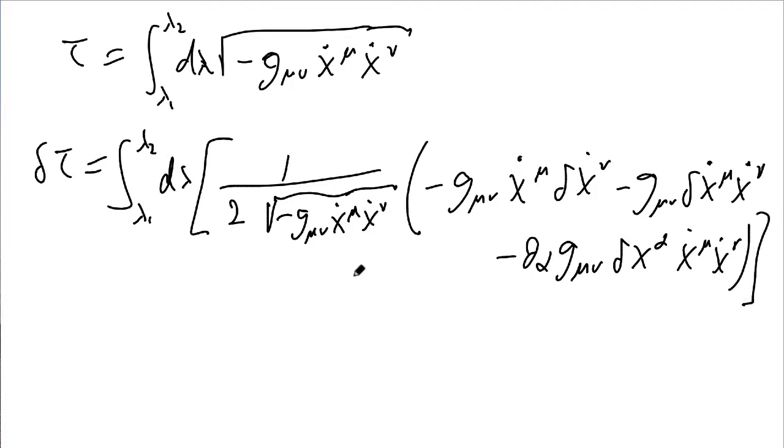All right, before I go on, let me point out there's a slight abuse of notation here. I've used the Greek letters mu and nu for the indices in this term, in this square root, and I've also used mu and nu in terms like this. And of course, these are repeated indices. For example, mu is repeated here, so there's a sum in this term. There's also a sum in this term, but these are separate sums.